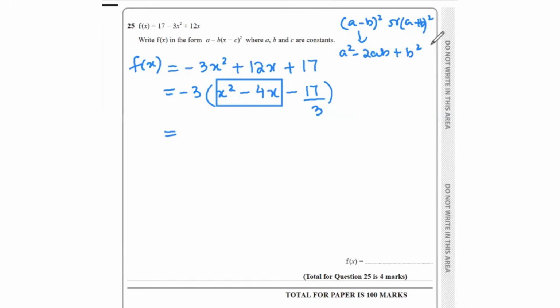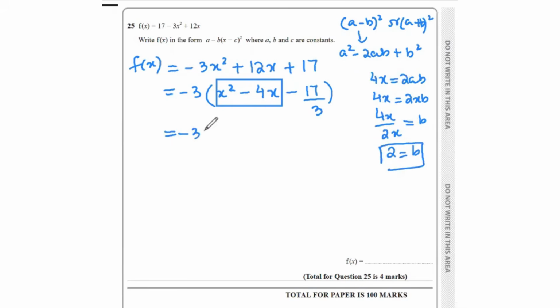So if you notice, right now we have a square, which is x square. We have 2ab, which is 4x. What we need to find is the b square value, what b is. So if you put 4x equal to 2ab, that's 4x equals 2xb because our a is x. And 4x divided by 2x gives us the value of b, which is 2.